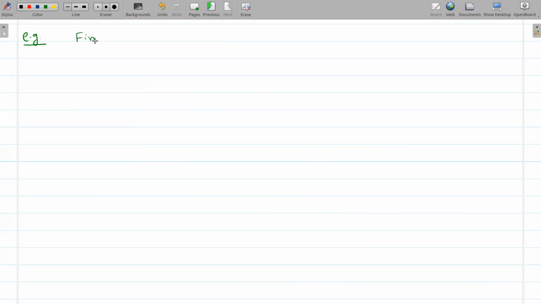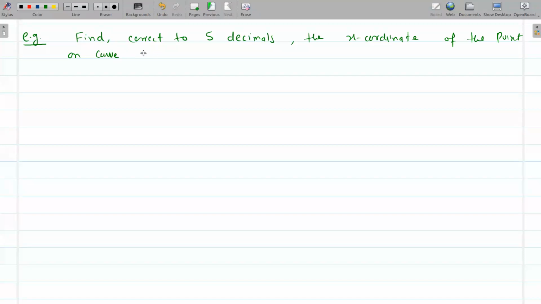So this says that find correct to 5 decimals the x coordinate of the point on curve y equals to log x, which is closest to the origin, using Newton's method.